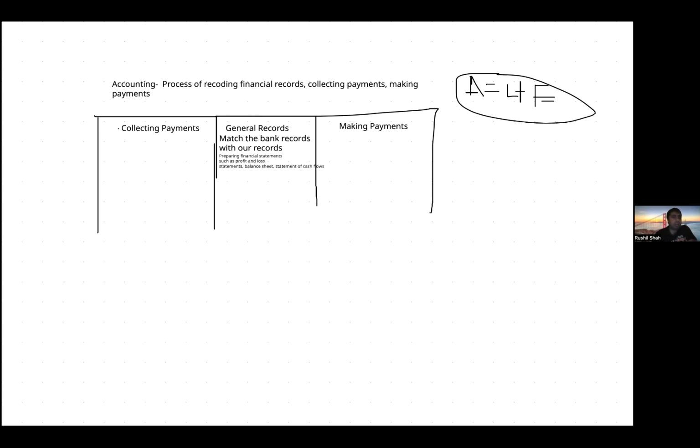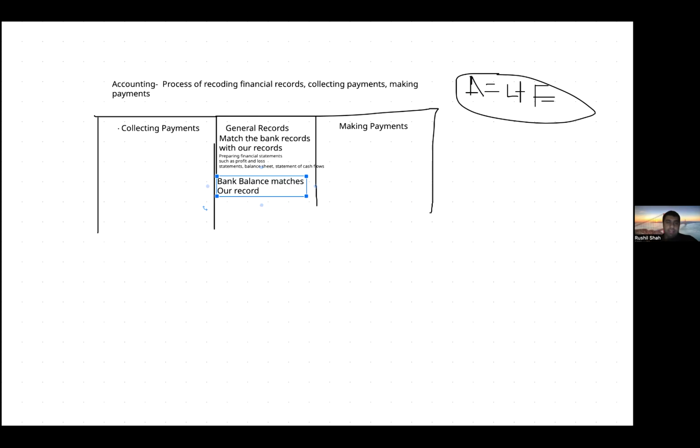We also have to make sure our bank balance matches our ERP records. ERP is the enterprise resource planning system, which is basically our records, used to collect accounting data.